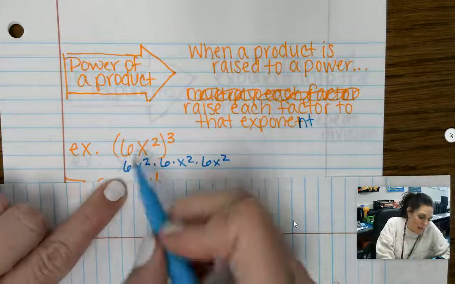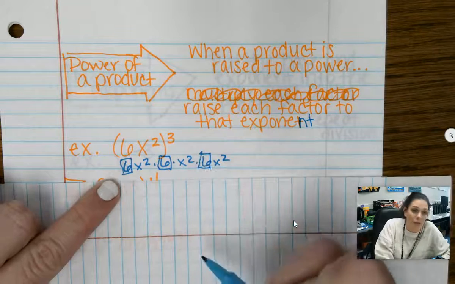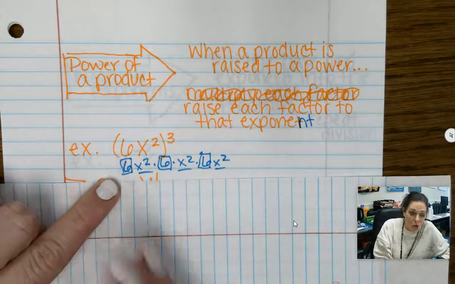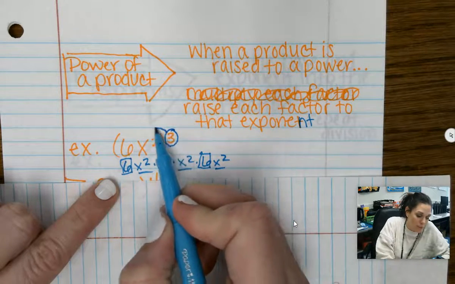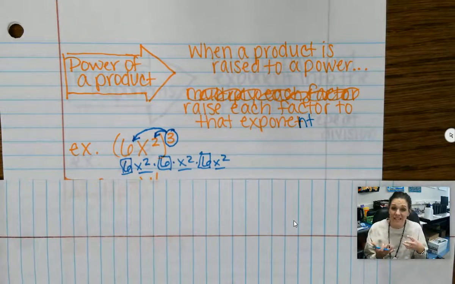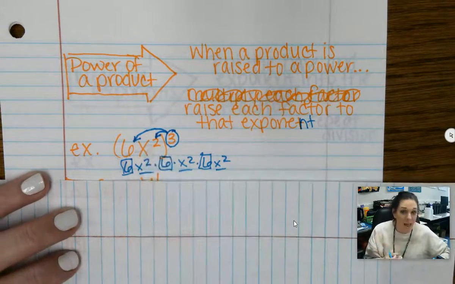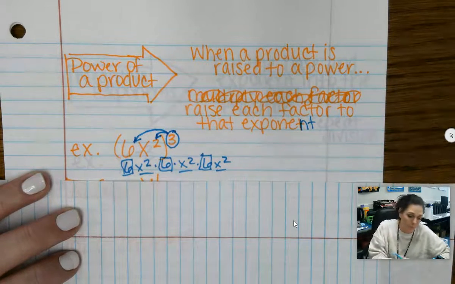So this is saying I have 3 6's being multiplied together, and I have 3 x squareds being multiplied together. So this raised to the third power has to apply to the 6 as well as the exponent. A lot of times we stop and we only apply it to the 2, and that's where we get the error. We have 3 of those 6's also, all right?